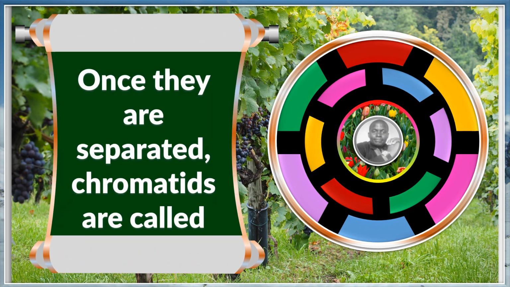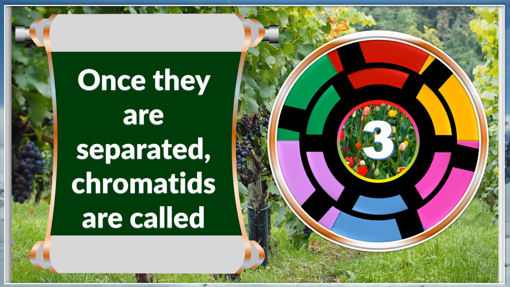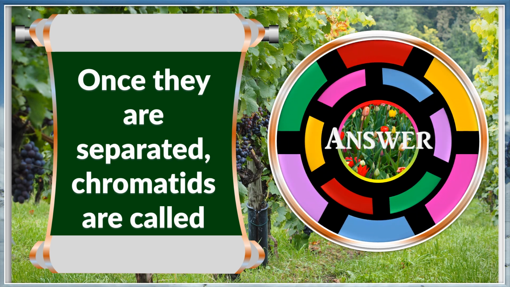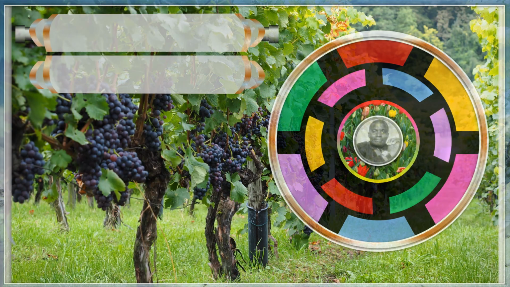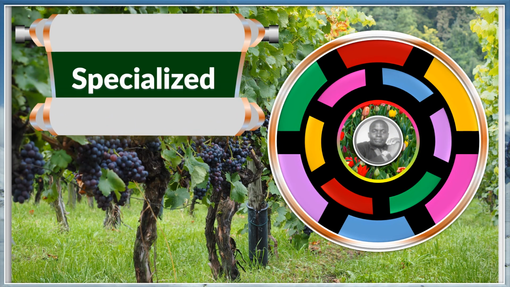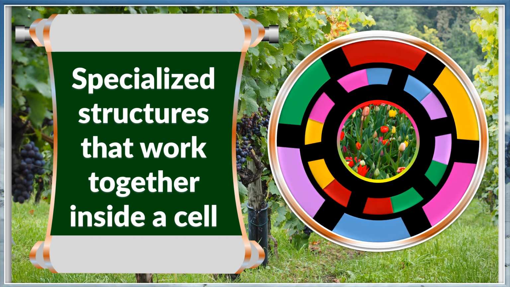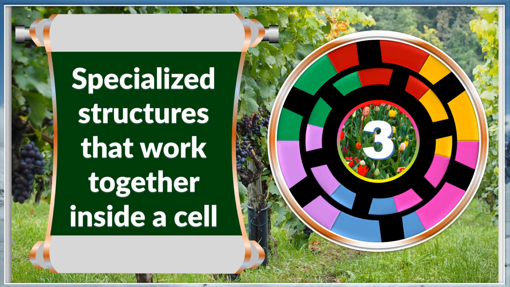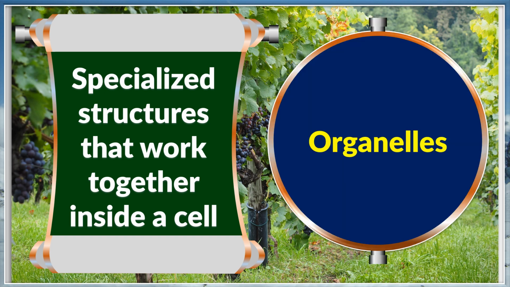Once they are separated, chromatids are called chromosomes. Specialized structures that work together inside a cell. Organelles.